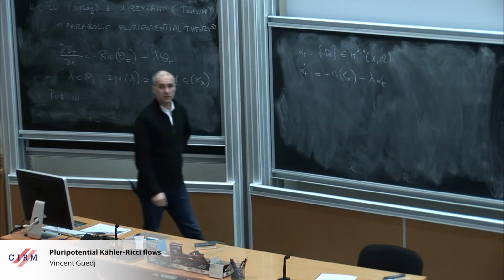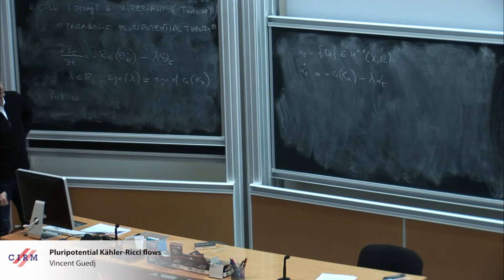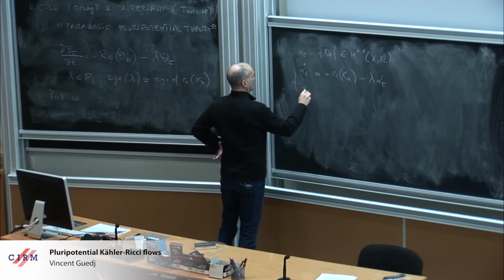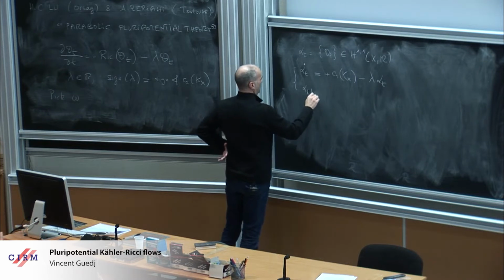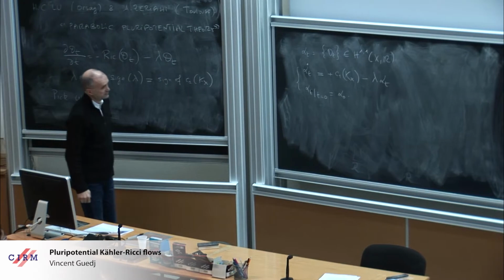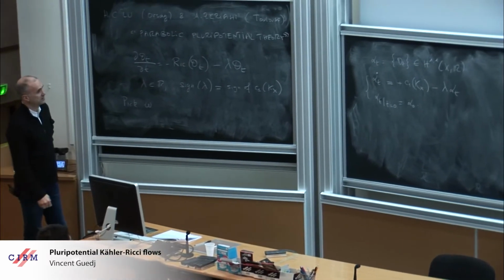So from there and from the initial Kähler class that you give yourself, you understand that alpha t has a definite and simple form.